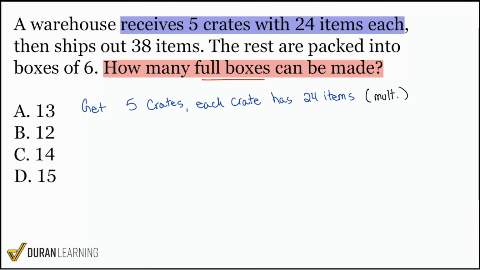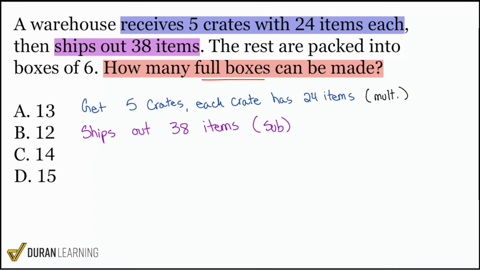So let me choose a different color. Let's grab purple. Ships out 38 items right there, and that tells me subtraction all the way.